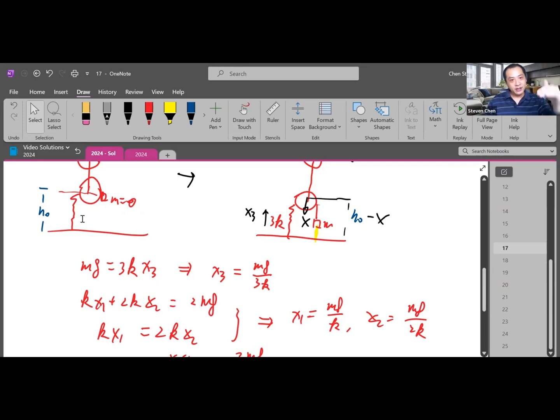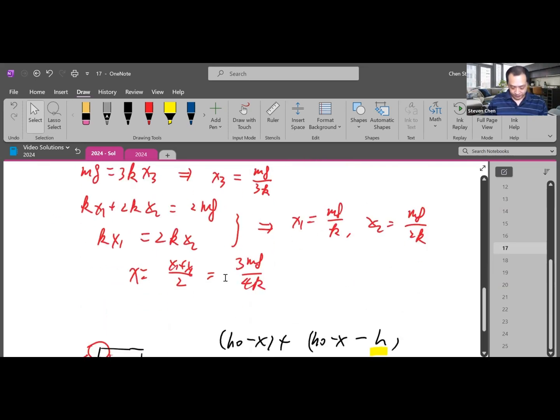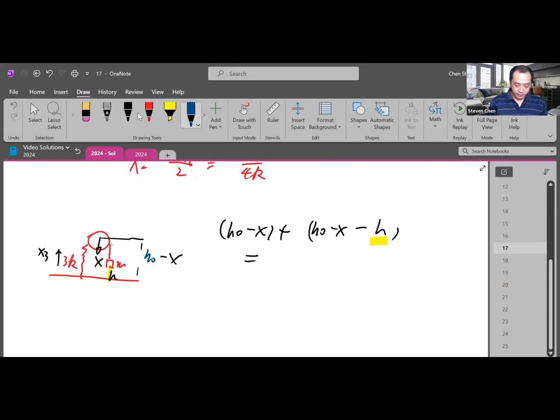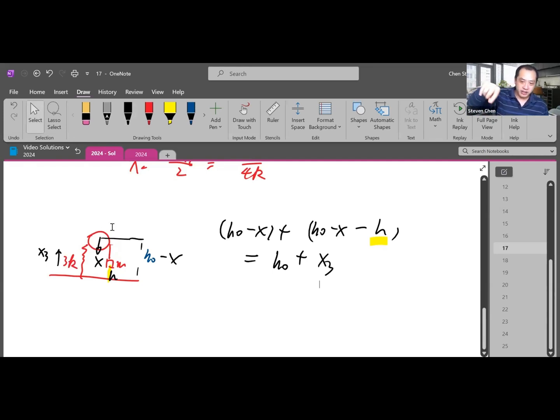And then on the left, it has height h naught, so it is equal to its original length. But this is not enough, because the 3K spring has an extension X3, so it has been extended, right? So the total length of the spring plus the rope that crosses the lower pulley should be equal to h naught plus X3.